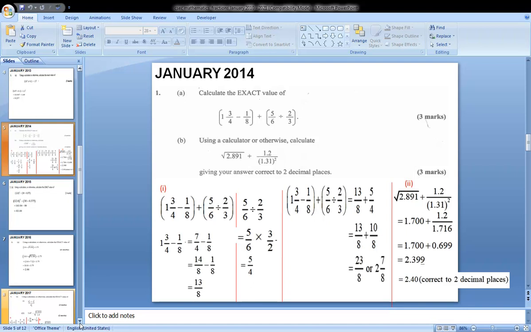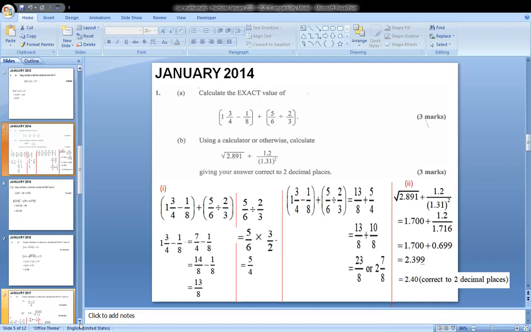So 8 into 8 goes 1 time. 1 times 13 gives us 13. 4 into 8 goes 2 times. 2 times 5 is 10. So 13 and 10 gives us 23 over 8, which is an improper fraction, or we could give it as a mixed fraction, 2 and 7/8. So that's the answer for A. Let's move on to the B part.